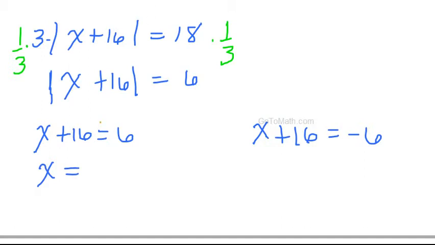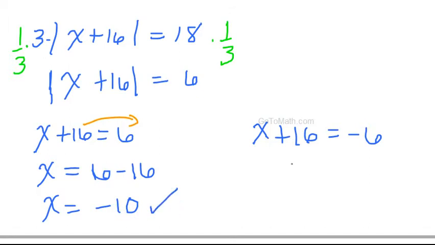So remember, we subtract 16 from both sides, or you could think of it as taking the 16 over to the right hand side, and we're left with 6 minus 16, and therefore x is equal to -10. So that looks like one of our solutions.